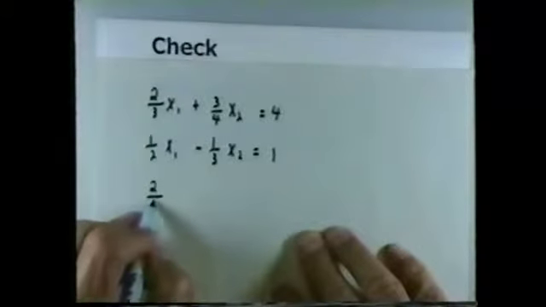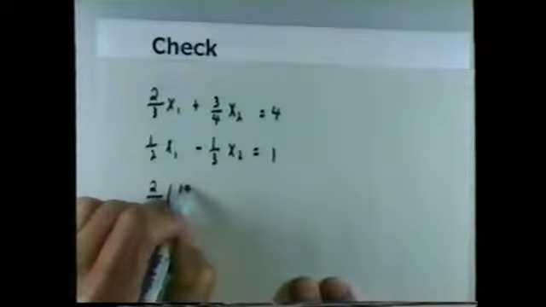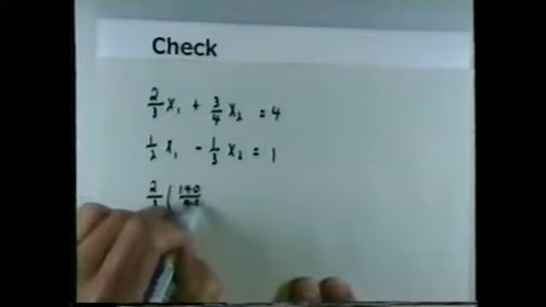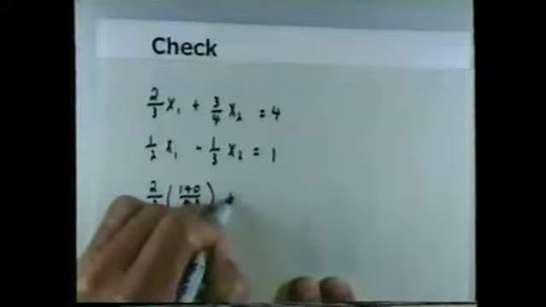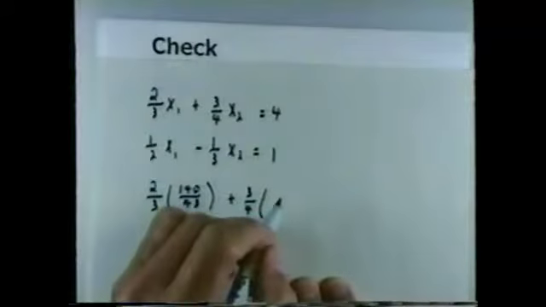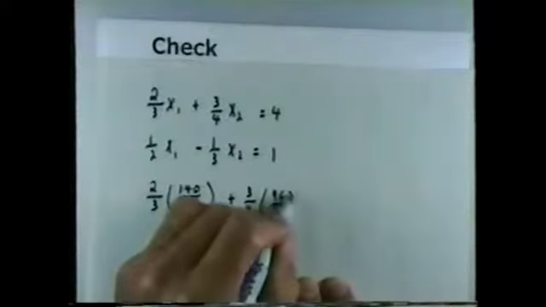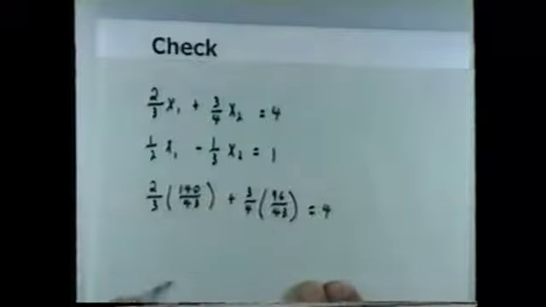So we would have 2/3 times 140/43 plus 3/4 times 96/43 is equal to 4.